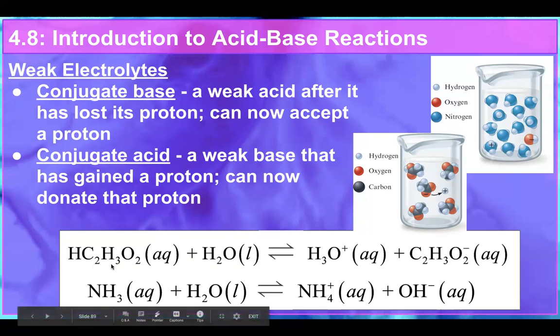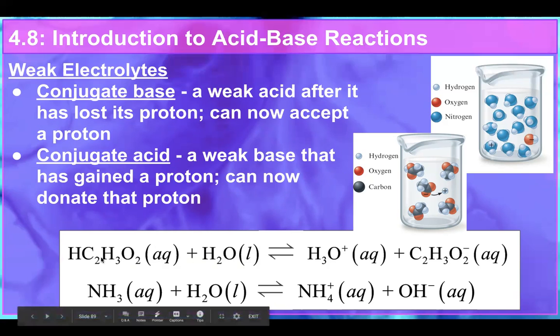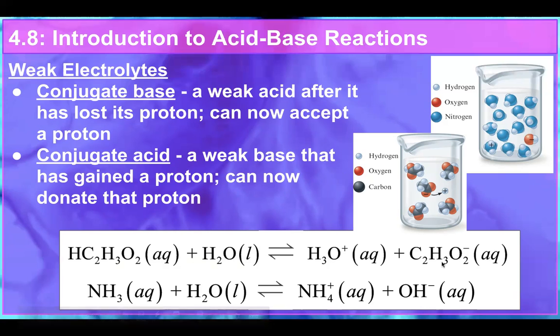So in this case, we have acetic acid, and after it loses the hydrogen ion, it becomes acetate, okay? So this would be our conjugate base. So whatever the conjugate base is, that is the conjugate acid minus its proton, okay? So this would be our conjugate acid, this would be our conjugate base.